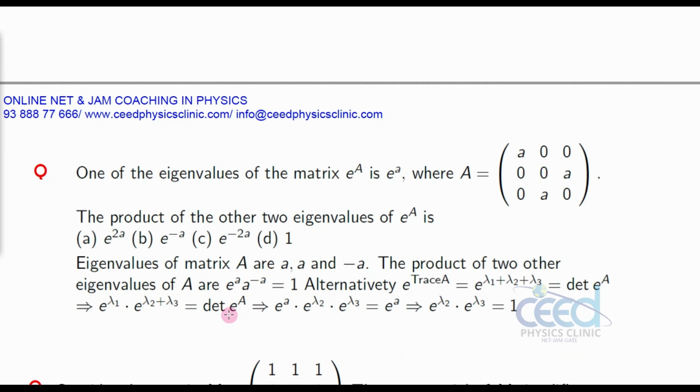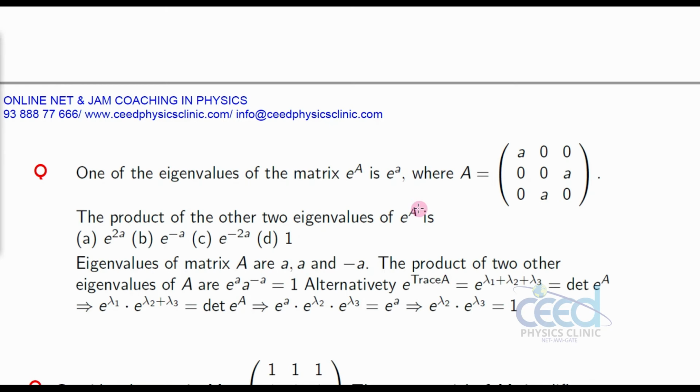Based on this we can do some problems. One of the eigenvalues of the matrix e raised to A, where A is given, the product of the other two eigenvalues of e raised to A is? You can directly find the eigenvalues of this matrix.